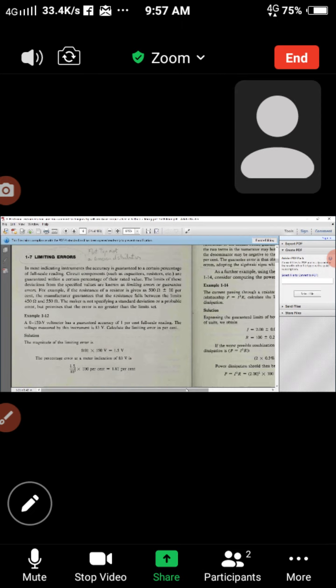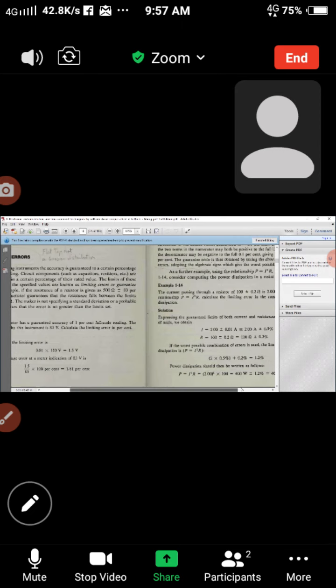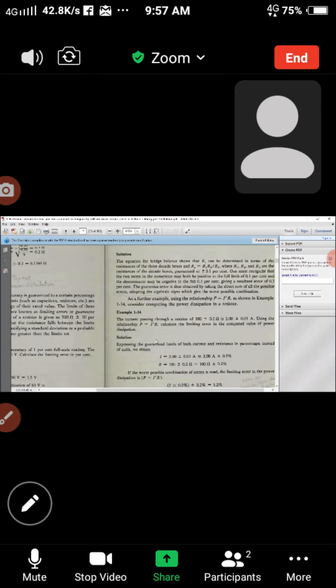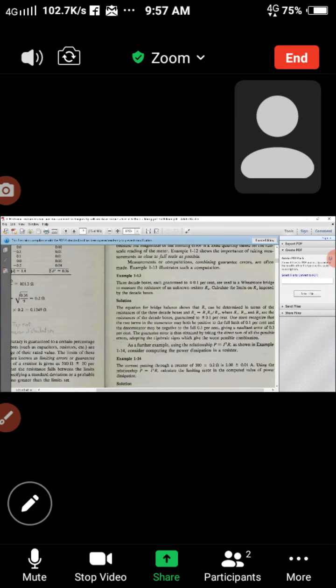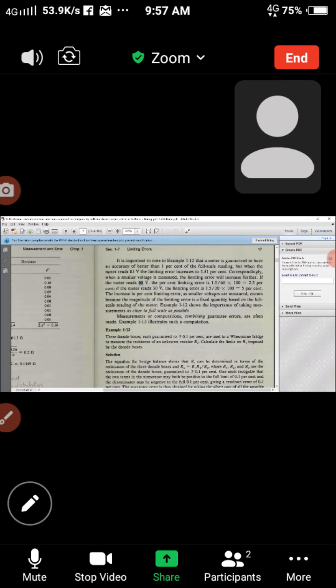If I want to read lower values, then the percentage of error increases. Let us see. If I want to read a 60 volt voltage, it becomes 1.5 upon 60 into 100, that is 2.5% error occurs. Accuracy reduces.